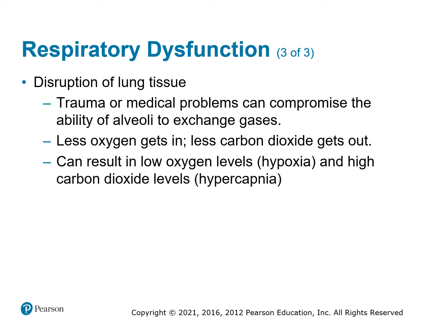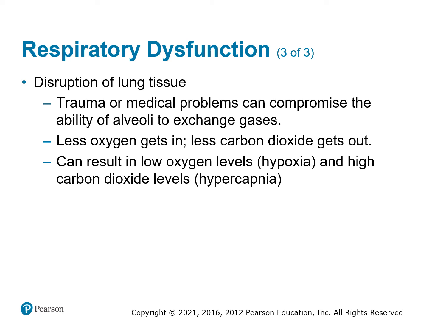Or we have some type of problem with the alveoli. It could be a chronic condition like emphysema or bronchitis. It could be an acute problem like some type of gas that gets in there, such as anhydrous ammonia.